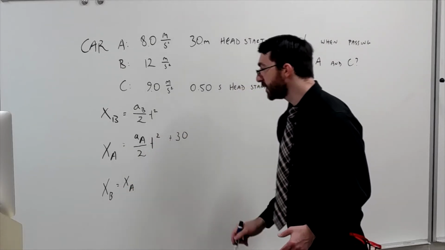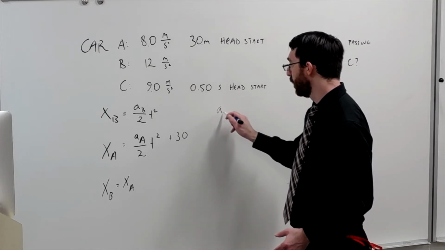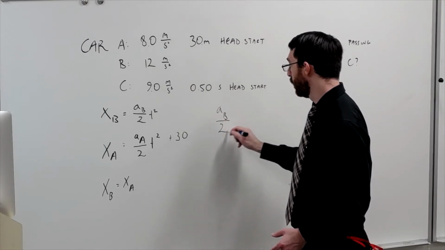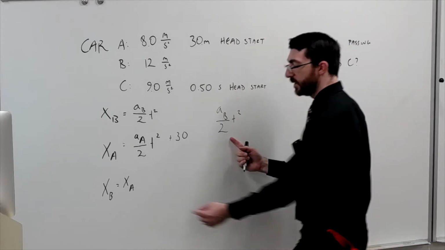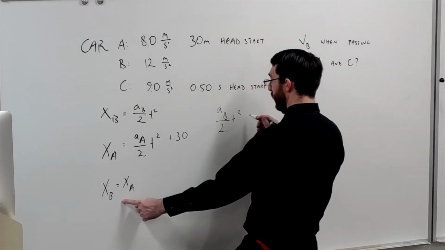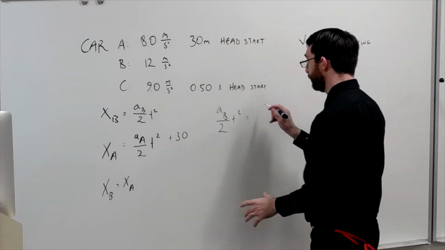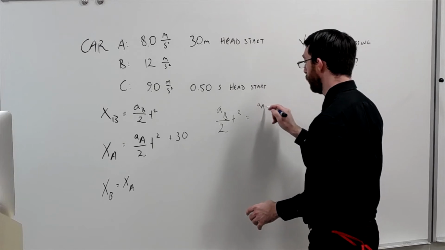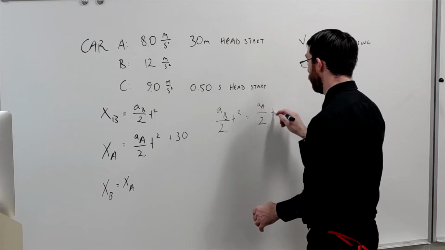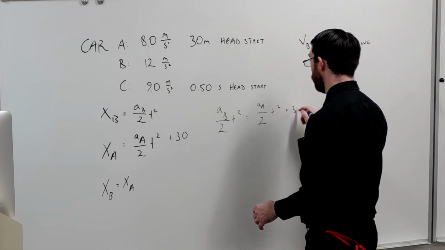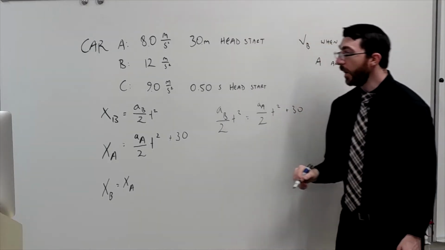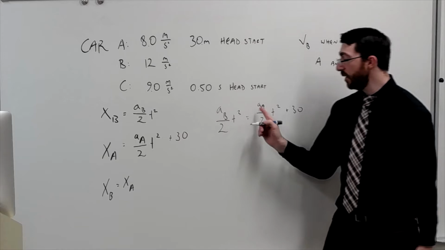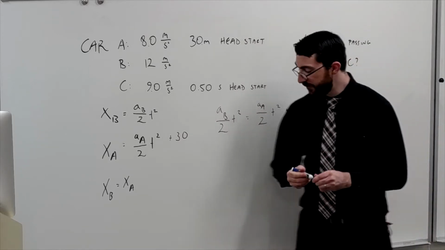So xb was, so there's xb, now I need xa. Alright, now if I can just substitute in these accelerations, I'll be good.